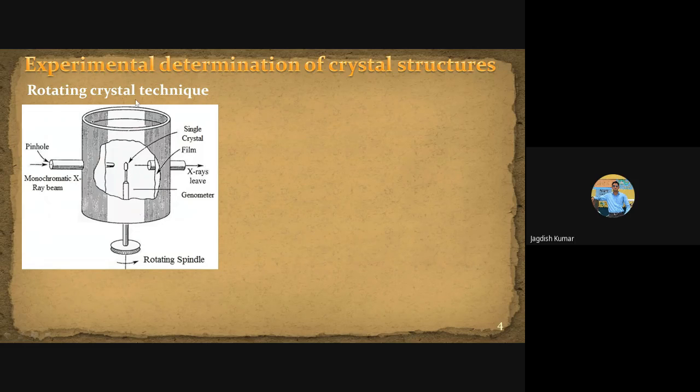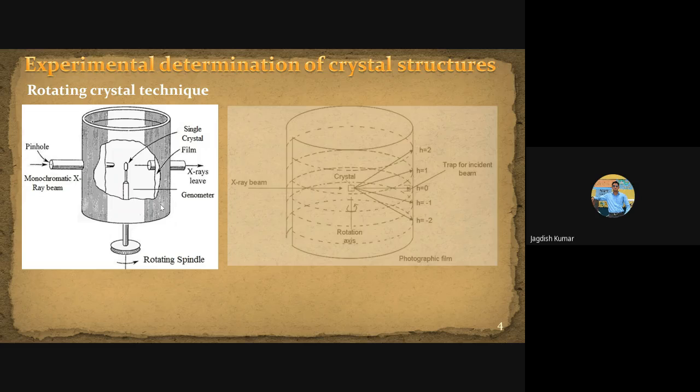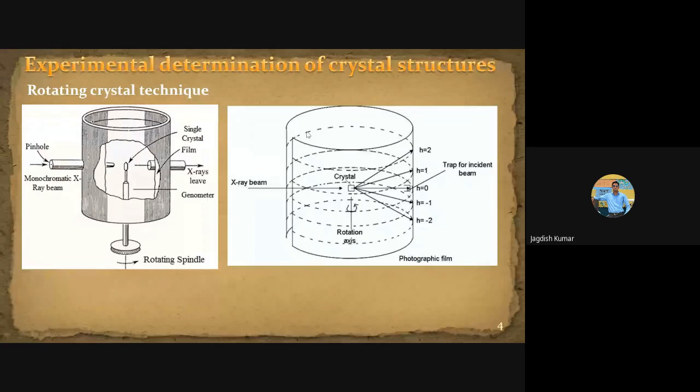So this is a different setup, right? Here the photographic film is fixed, and the crystal is kept rotating, and we measure the diffracted beam with the help of the photographic film. That is how we can observe the diffraction pattern at various angles from the crystal.